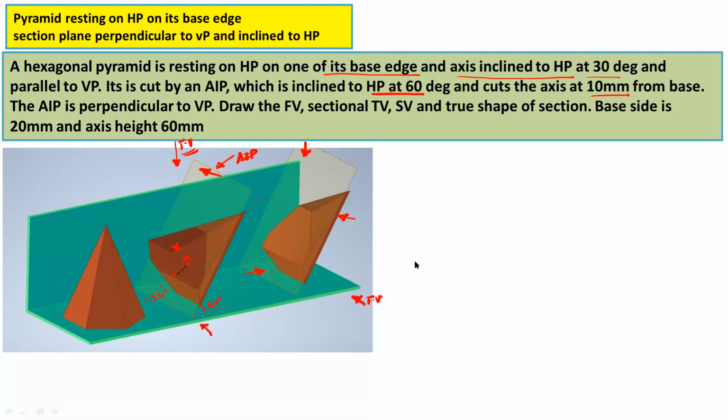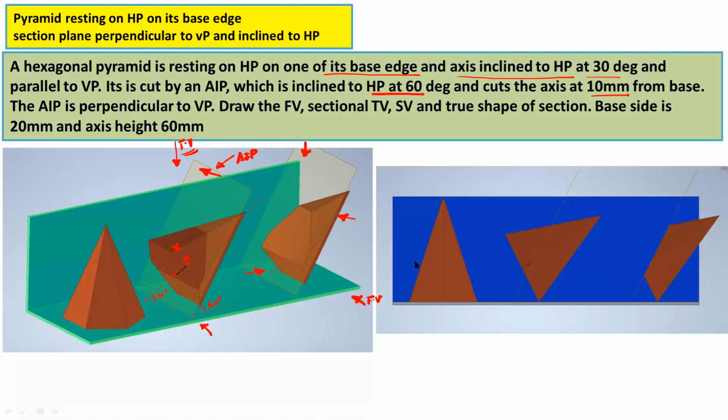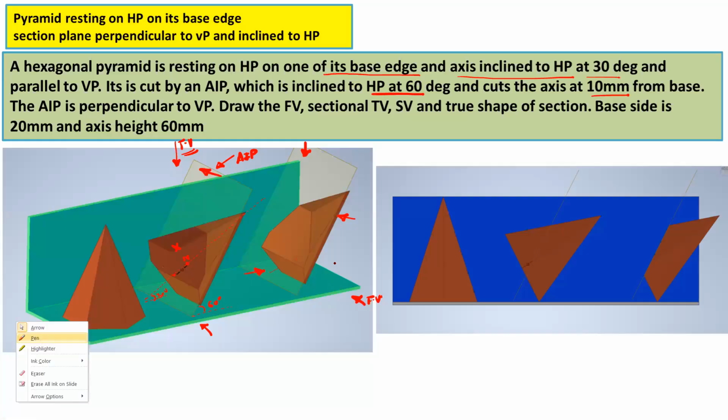So this is the first stage front view. In the first stage, the axis is exactly perpendicular to the HP. In the second case, just rotate this first stage front view so that this angle is 30 degrees.